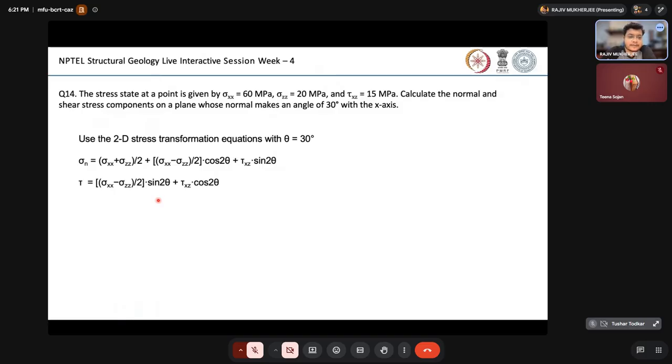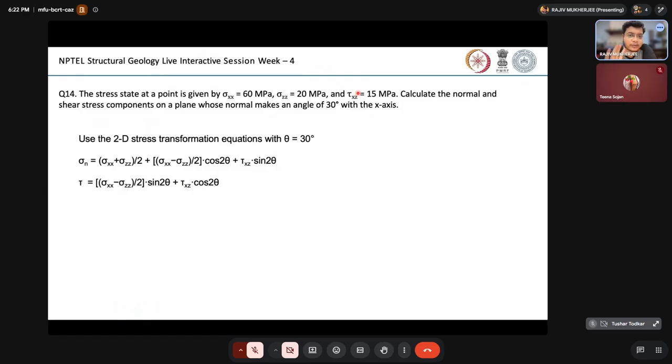And so you have been given three things, right? Most of the numericals that you generally solve, you are only given sigma 1 and sigma 3 and no shear stress components.